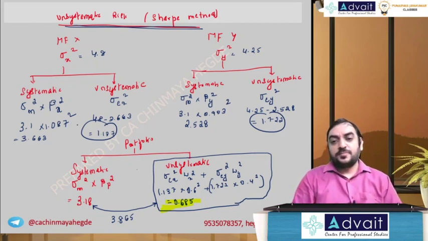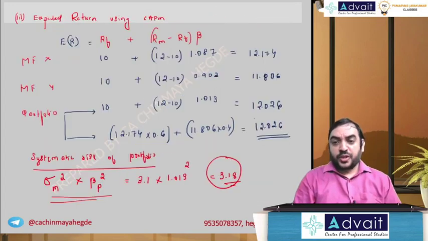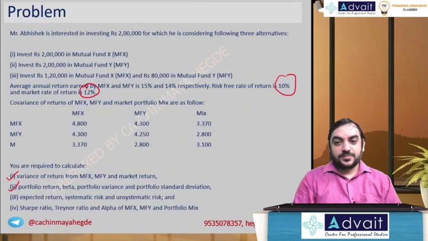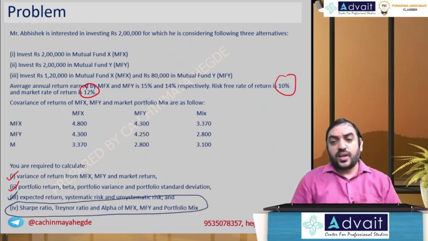Okay, I hope it is done. I'll go to the fourth part of the question. Ratios: Sharpe ratio, Treynor ratio, alpha, for X, for Y, for the portfolio mix.